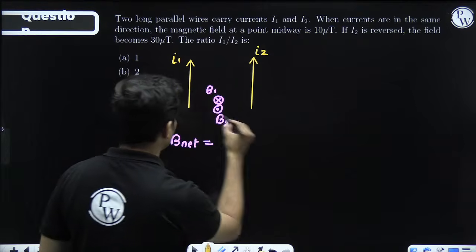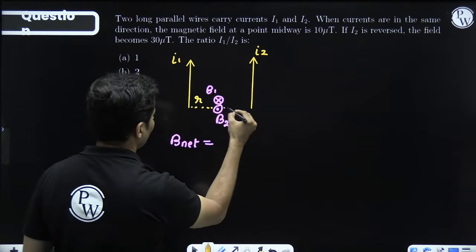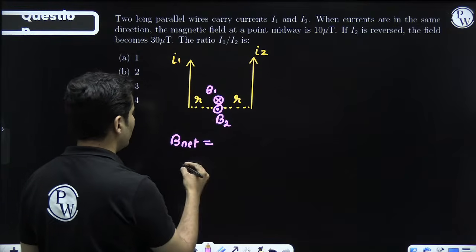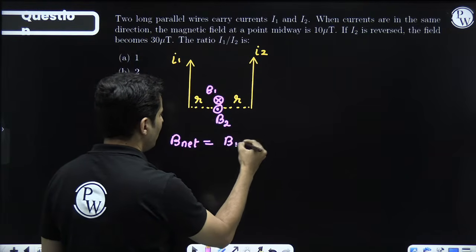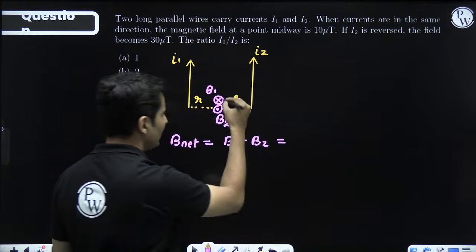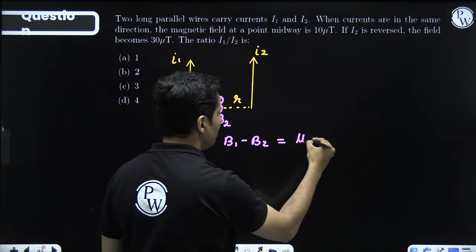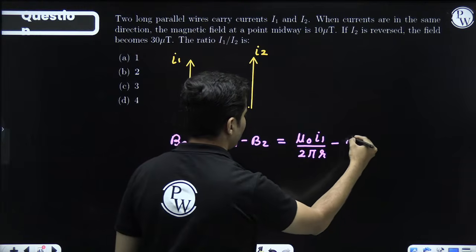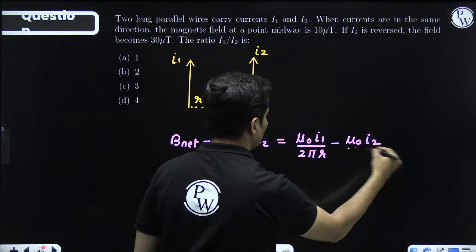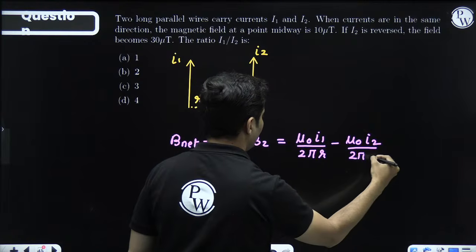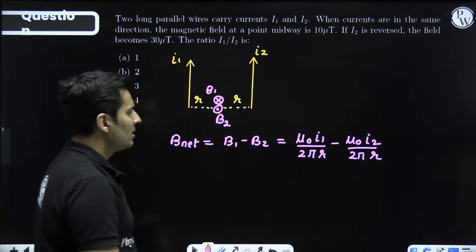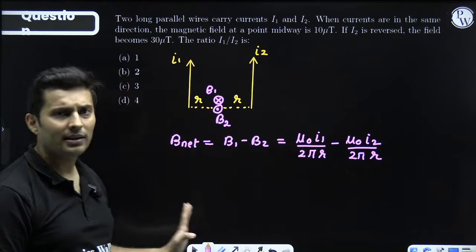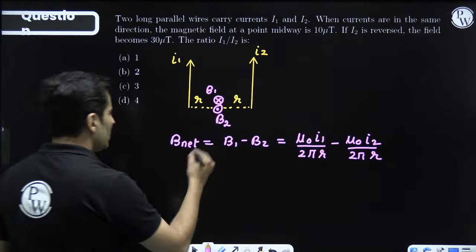So let's just assume this as R, even this is also R. So B net in the first scenario will be B1 minus B2 because they are opposite, and B1 will be mu naught I1 divided by 2 pi R minus mu naught I2 divided by 2 pi R again. That's it. Is that right? Mu naught I by 2 pi R minus mu naught I by 2 pi R. That's all. Great. That is the first scenario.